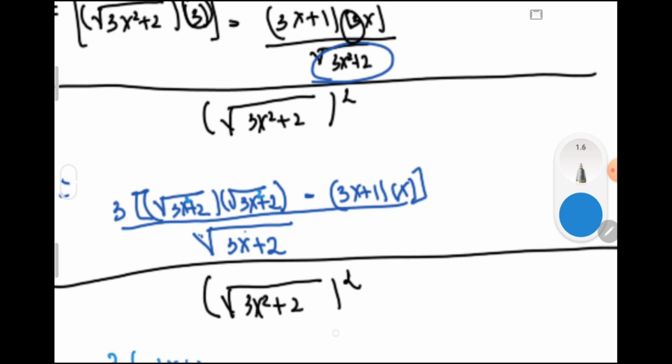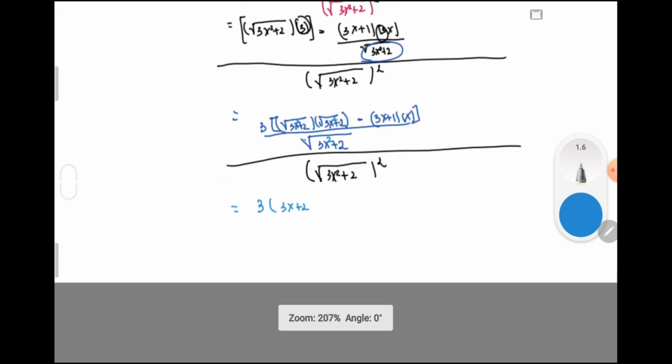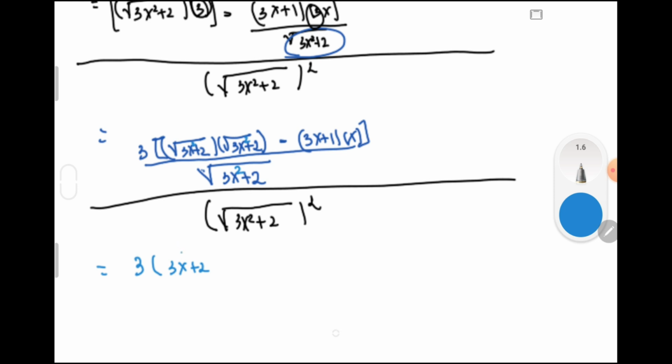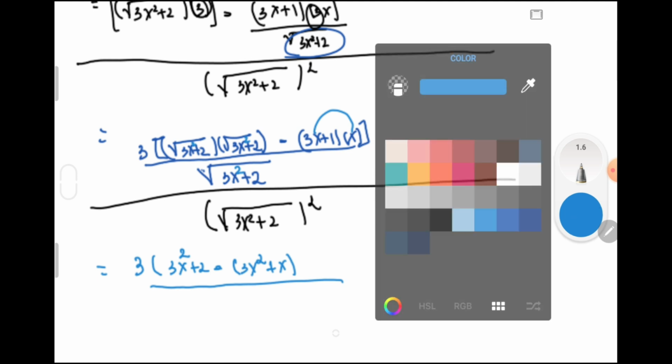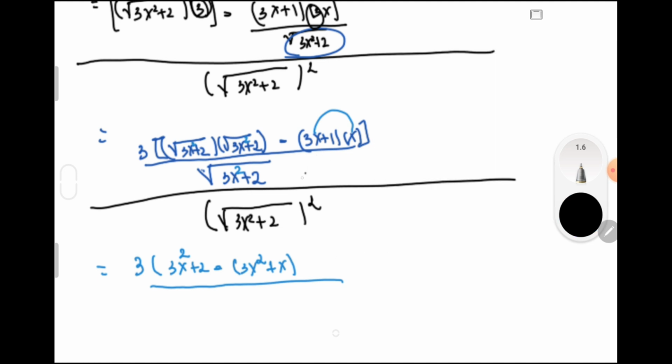So 3x squared plus 2 minus 3x multiplied by x is equal to 3x squared plus x. Okay. So divided by our, so ito pwede ko nang ibabato, no?